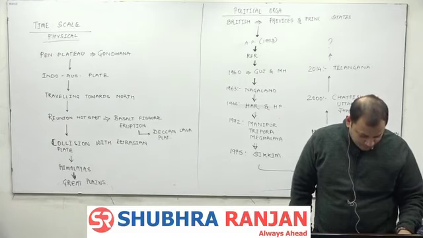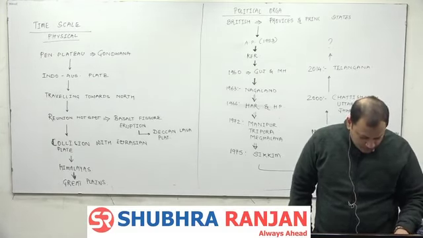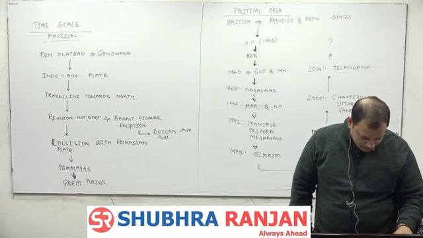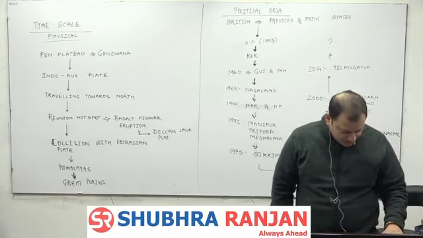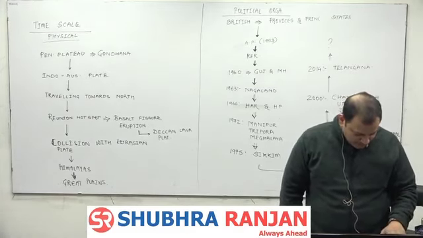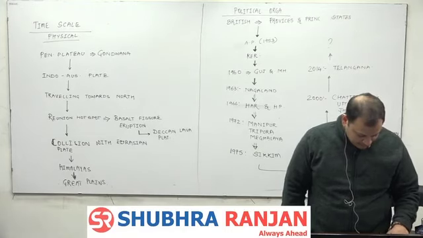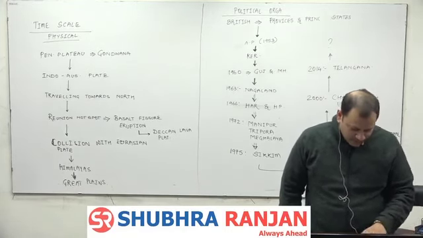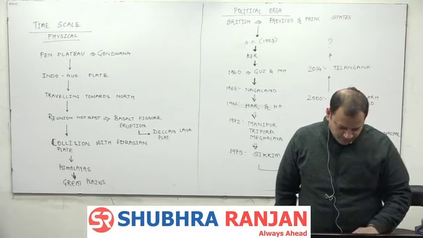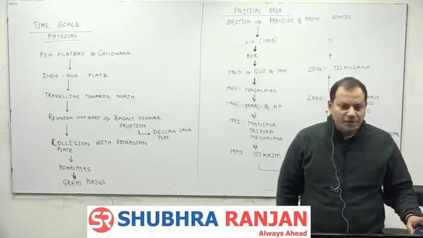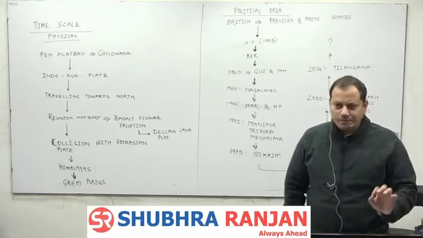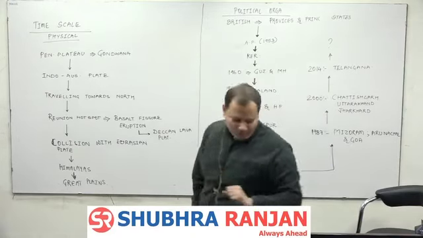While the coastline of mainland India is how much? Somewhere around 5,000, 6,000. Find out. That is your homework.